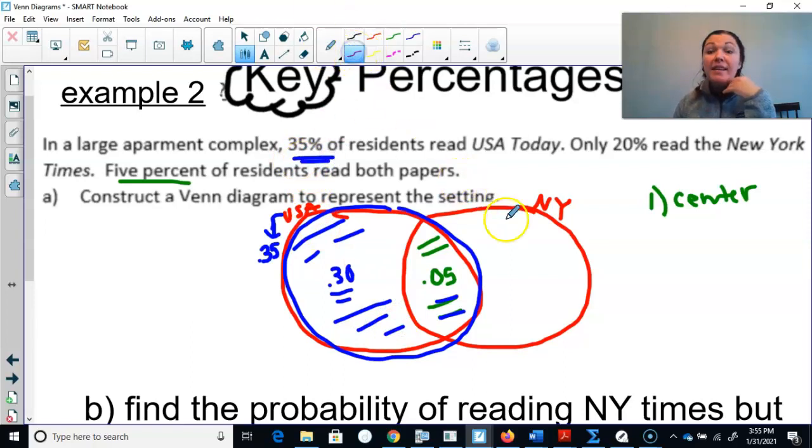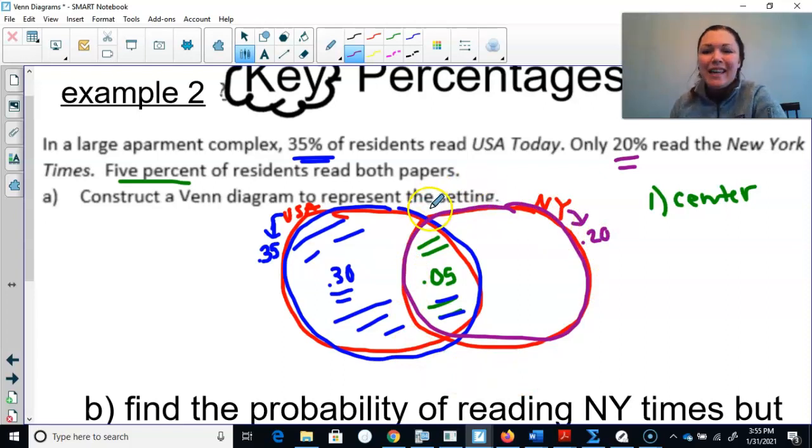Next, let's talk about the New York Times. We know that there is a total of 20% of people who read the New York Times. That means this whole purple circle now that I just redrew has to equal 20%, with 5% already inside of it. So I'm going to do 20 minus 5, which gives me 15.